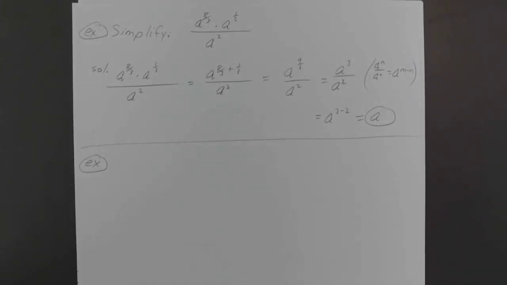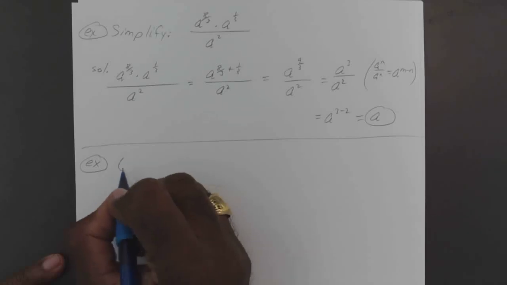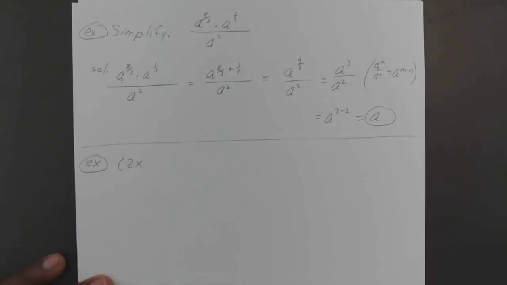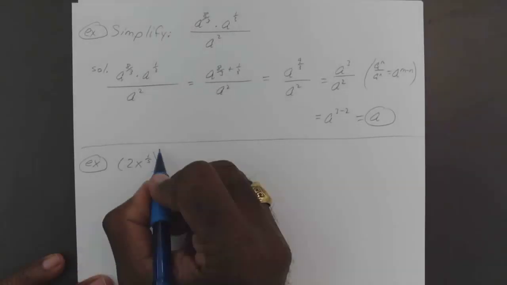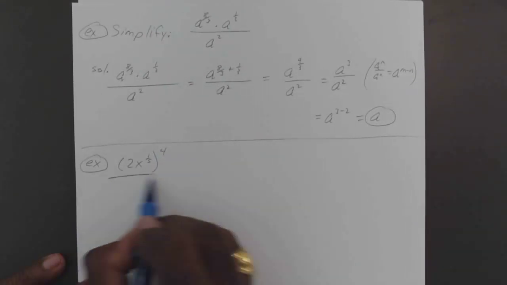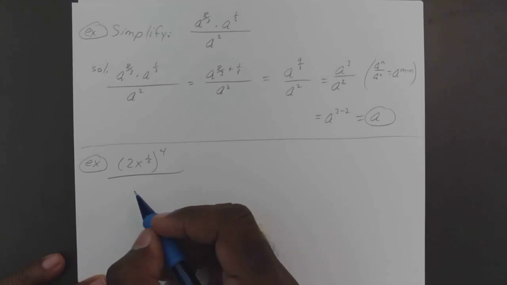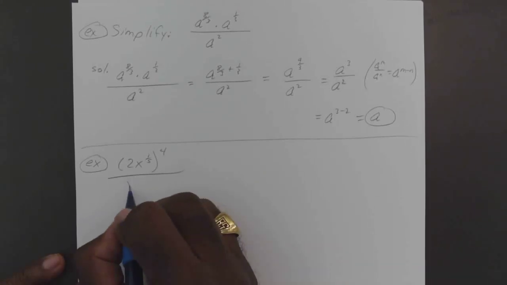Okay, so let's say, for example, you have 2x to the 1/5, and that raised to the 4th power, divided by x to the 3/10 power.